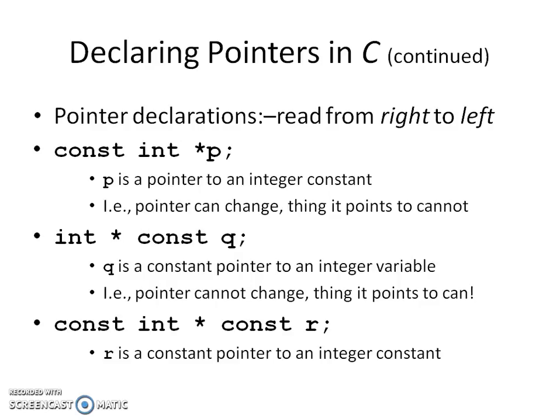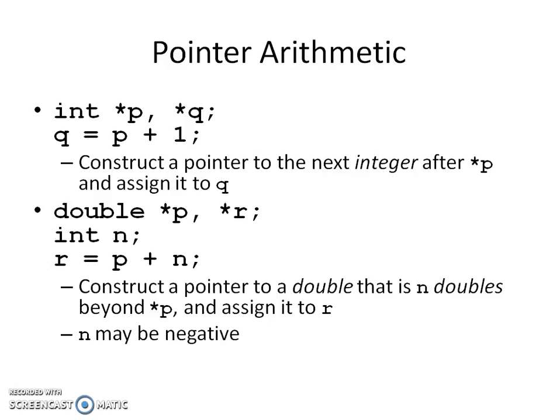Another example is const int asterisk const r. So r is a constant pointer to a constant integer, so the integer cannot be changed and the pointer also cannot be changed in that execution. Now, let us see some basic pointer arithmetic. The basic operators we can apply with pointers.